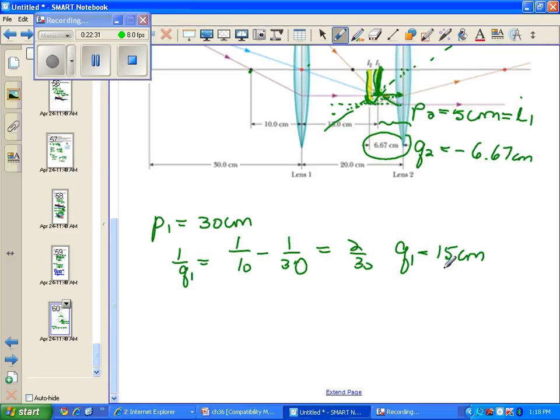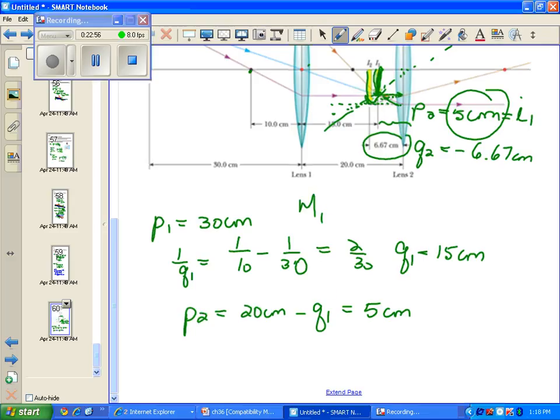Well, because Q1 is equal to 15 centimeters, and there's 20 centimeters between the two lenses, it must be that P2 is equal to 20 centimeters minus Q1, minus 15, which is 5 centimeters. And sure enough, that's what we had stated earlier based on the diagram.